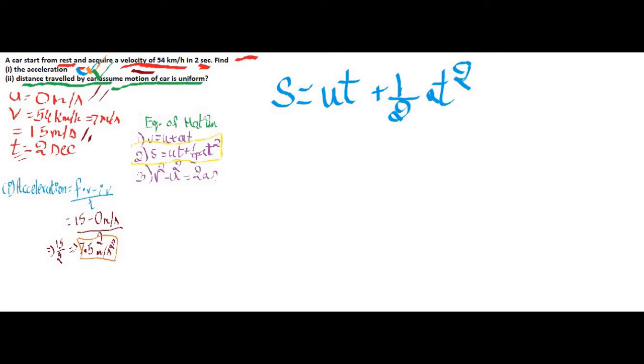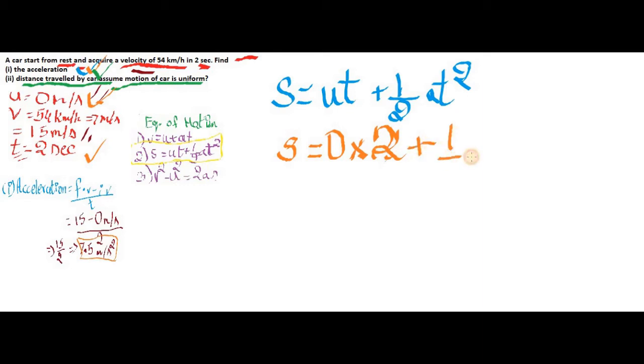So s, that is the distance that we have to find, will be as it is. What is u? We have been given u is equal to 0 meter per second. So here I'm just writing 0 into t. It's 2 seconds. Again, that is also given to us directly in the question.